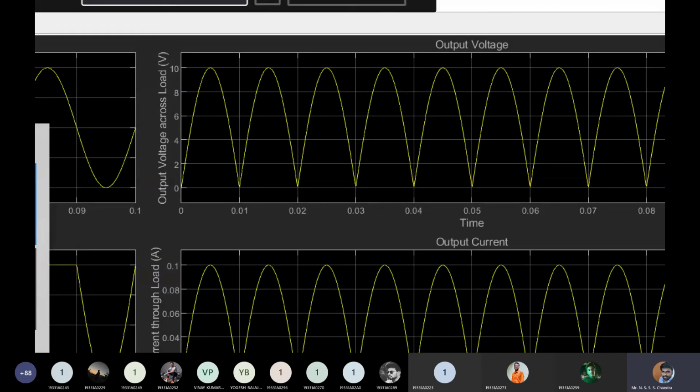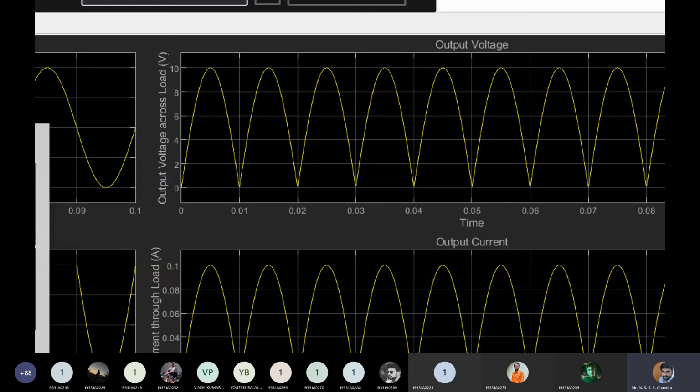Both the diodes will not be simultaneously turned on or off. If D1 is on, D2 will be off. If D2 is on, D1 will be off. So you will have only one particular diode resistance. If you neglect the diode resistance also, your rectifier efficiency will remain the same.